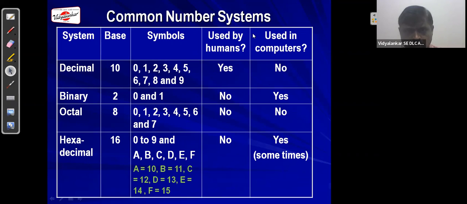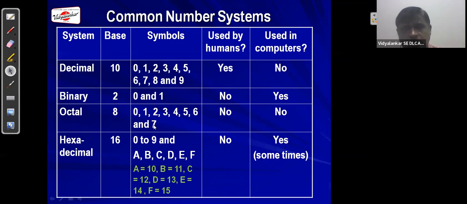Shivansh is asking a question: why have we not used alphabets in octal like in hexadecimal? That's a good question, and the very simple answer is, if you see, the octal number system has only 8 symbols or digits.